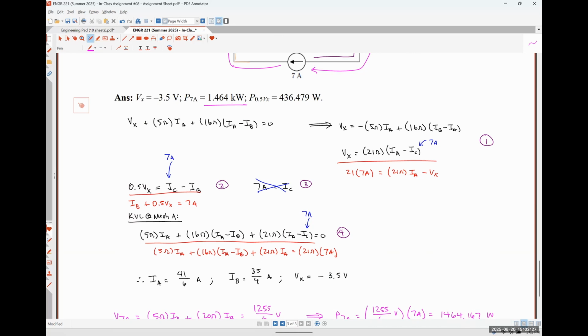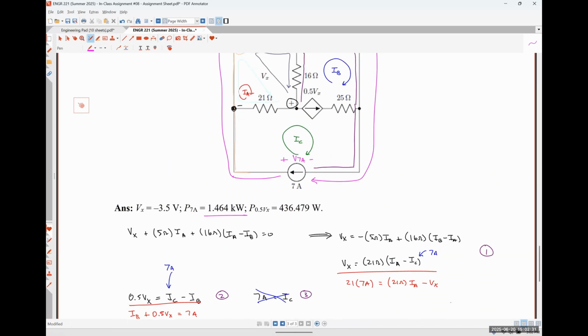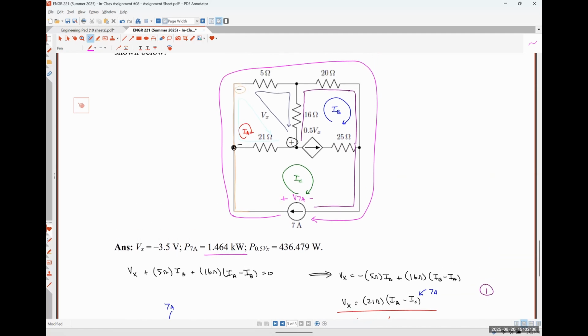So what I'm trying to impart to you guys right here, and I feel like I'm doing a shitty job of it, so I apologize, is that once we know what our mesh currents are, we can use KVL around literally any path we choose to find any unknown voltage that we might be interested in, even the voltage drops across current sources.